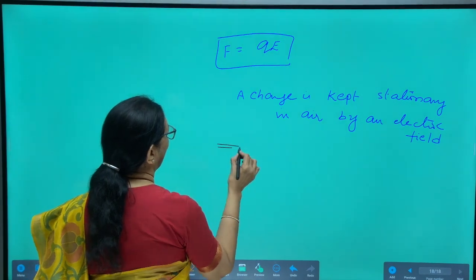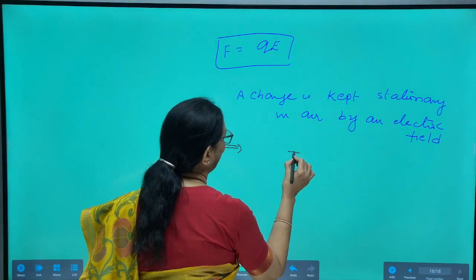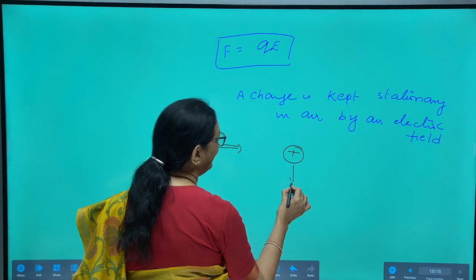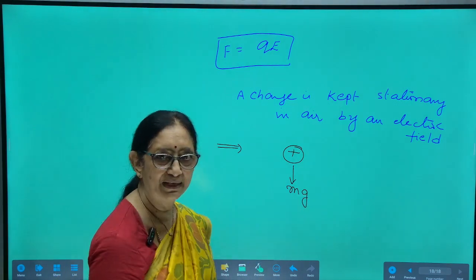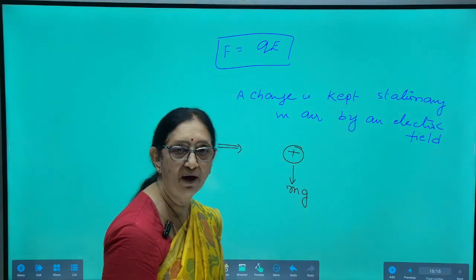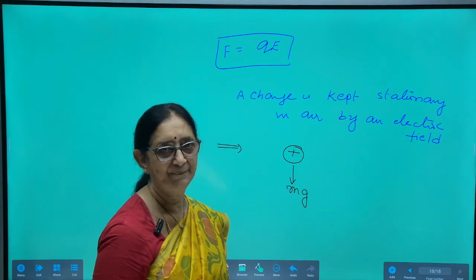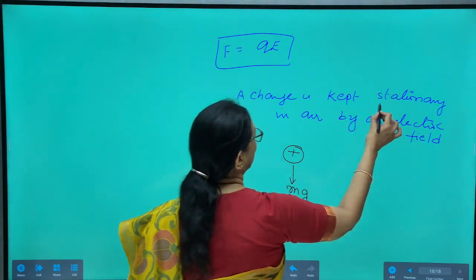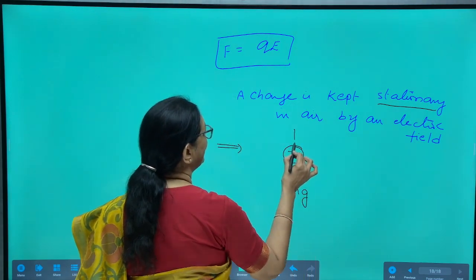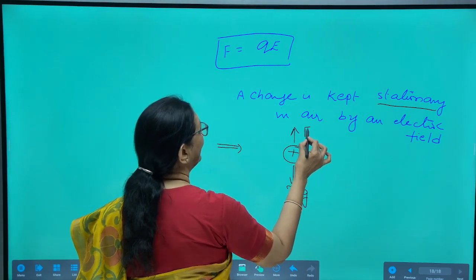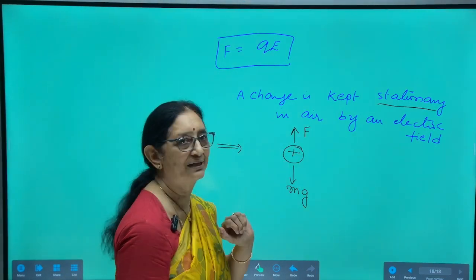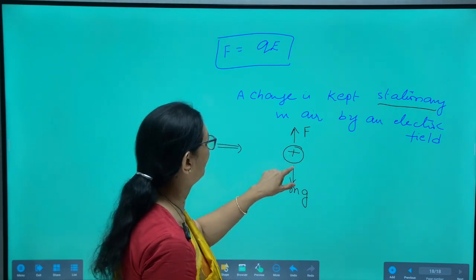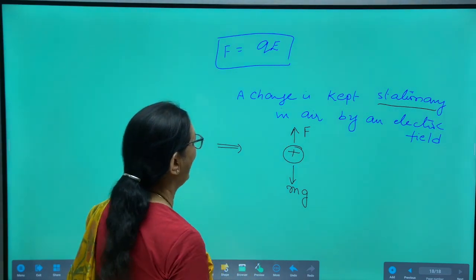See here, when a charge is in air, its weight mg definitely acts in the vertically downward direction. So, it falls down with acceleration g. But it is kept stationary, which means this is being balanced by the electrostatic force. So, what must be the direction of the electric field so that the force on this positive charge is upwards?